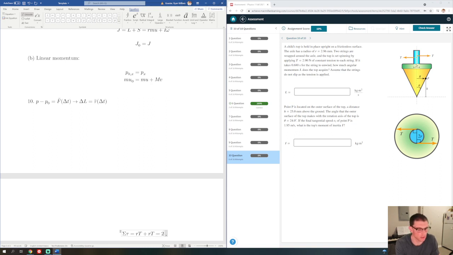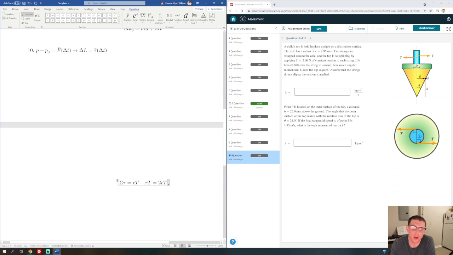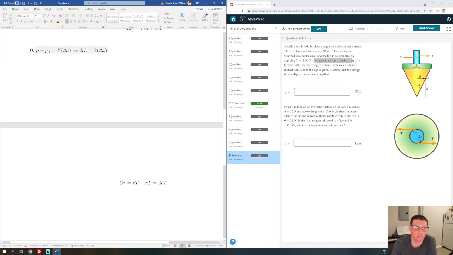So just 2RT. And because they say it's a constant tension, this means that the net torque is just the average torque, right? In our angular impulse, angular momentum theorem, right?